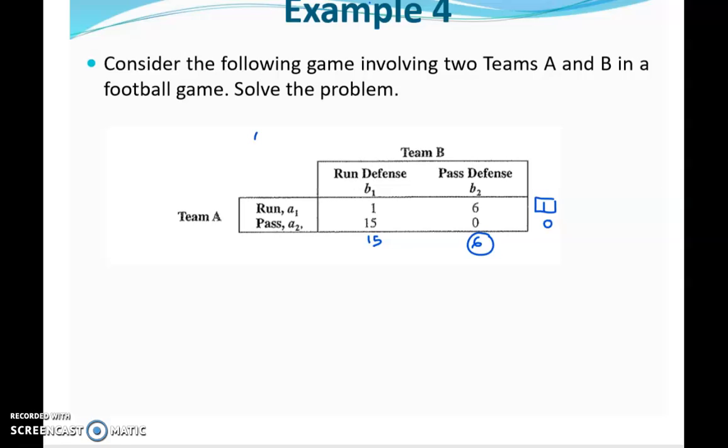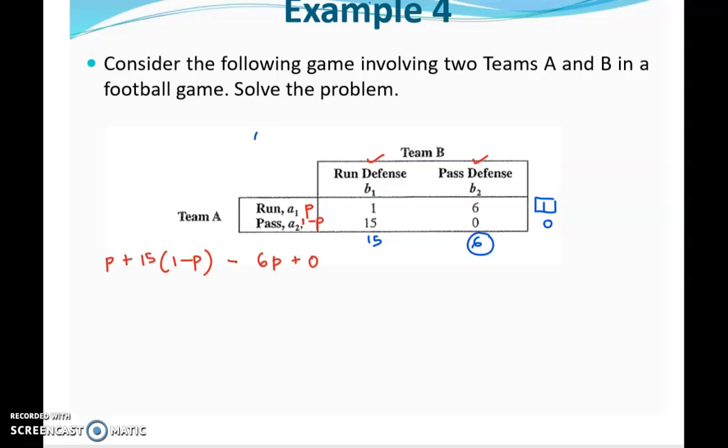Okay, so we assign P for strategy 1 and 1 minus P for strategy 2. Then, let's say team B chooses strategy 1 or B1, the expected gain for team A is 1 times P, which is P, plus 15 times 1 minus P. And if team B chooses strategy 2 or B2, the expected gain for team A is 6 times P plus 0, because 0 times 1 minus P is 0.